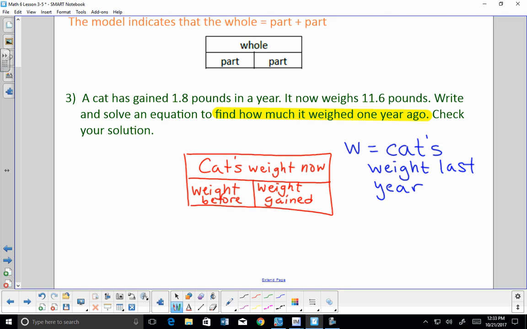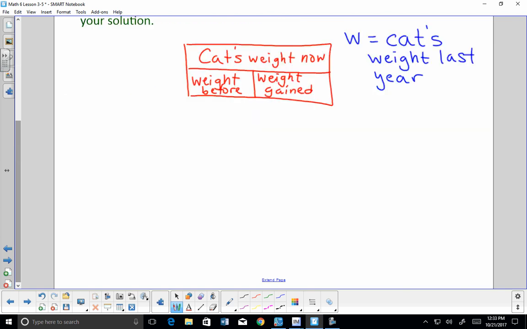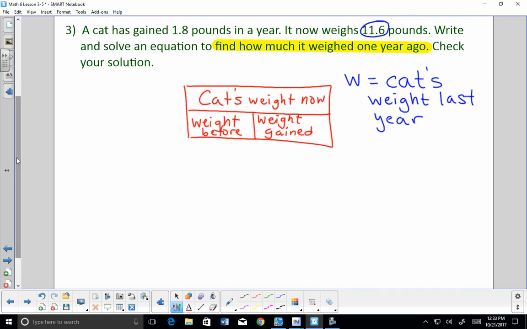They told me that. So if I follow my diagram, it says my cat's weight now should equal the weight before plus the weight gained. So the weight now equals the weight before plus the weight gained.